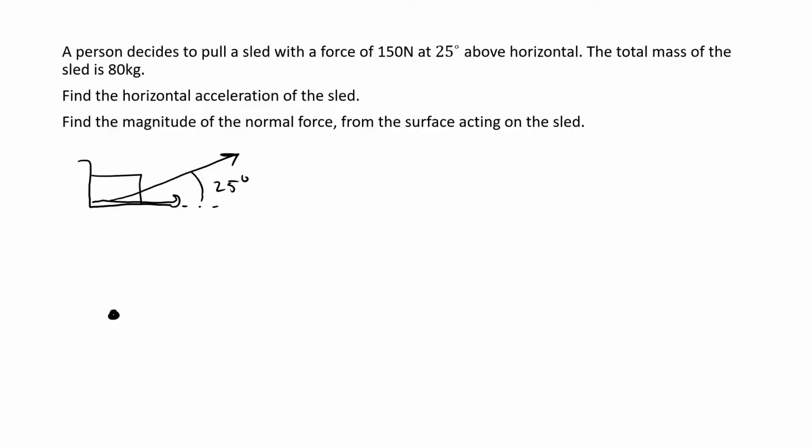So I know everything has a force downward, or a weight, since it's not rising or lowering. The normal force is the equivalent, but in the opposite way. And it has this new force that's at a weird angle, 25 degrees above horizontal.